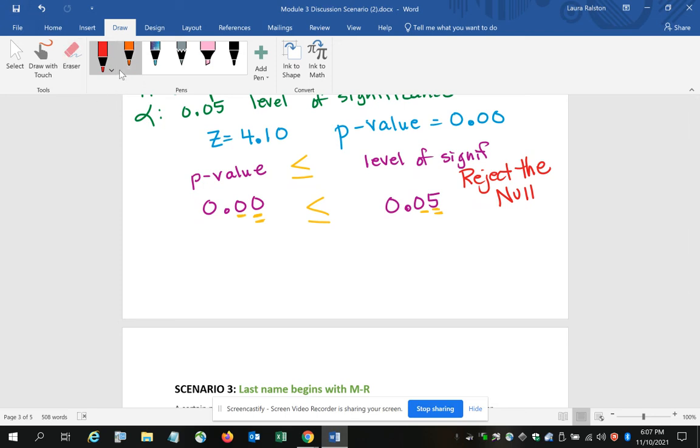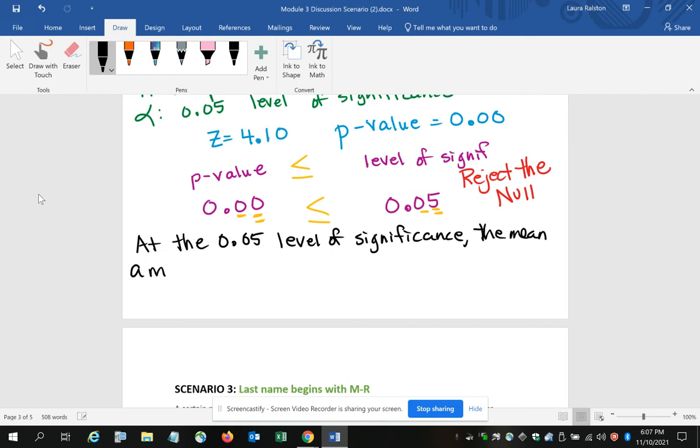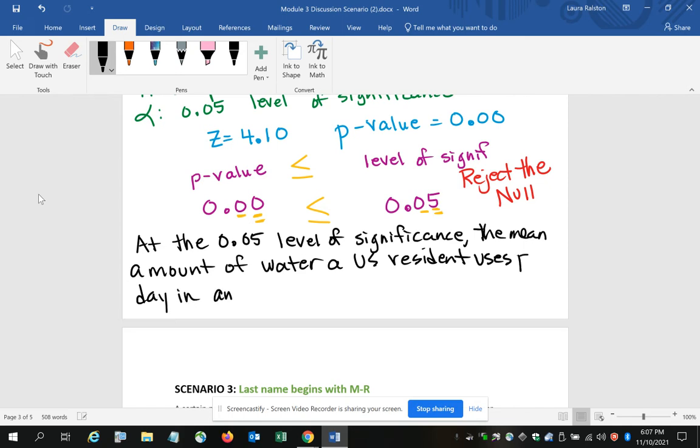Okay, so we would write our conclusion, again, making sure to include that level of significance: at the 0.05 level of significance, the mean amount of water a U.S. resident uses per day in and around a home is not 91 gallons.